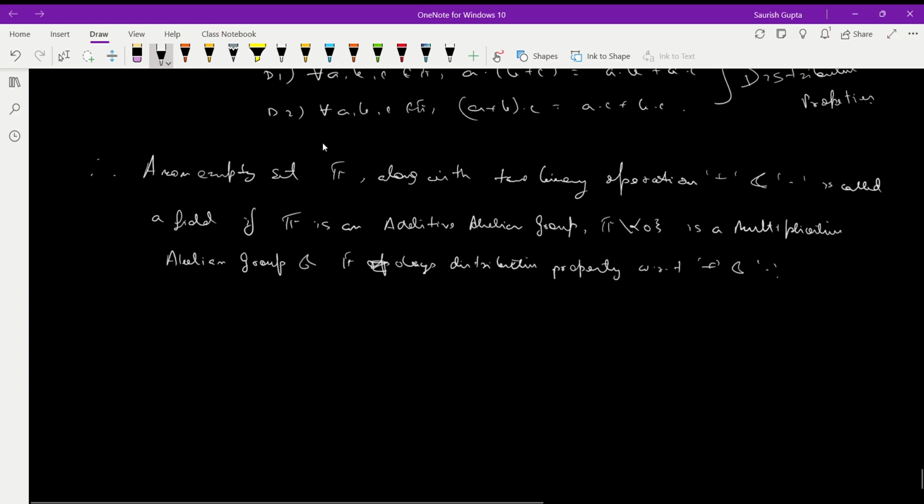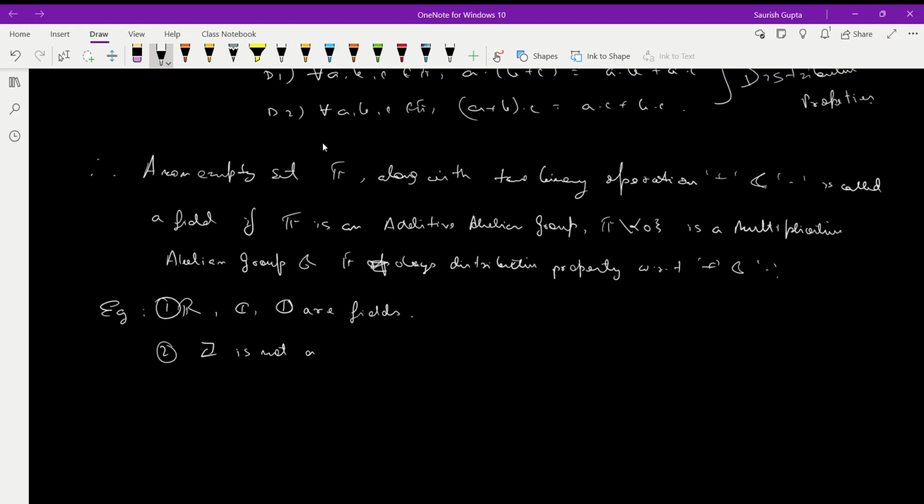Clear? So very basic examples of fields would be R is a field, complex C is a field, Q is a field. We can obviously check all these axioms.